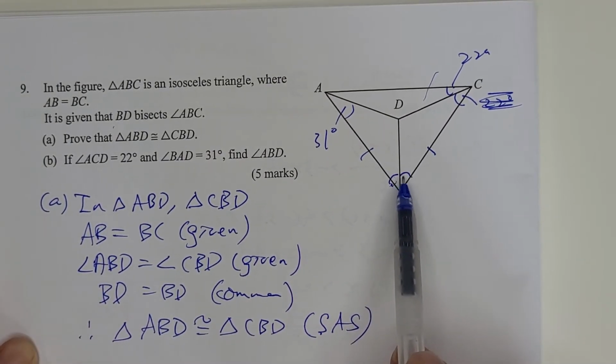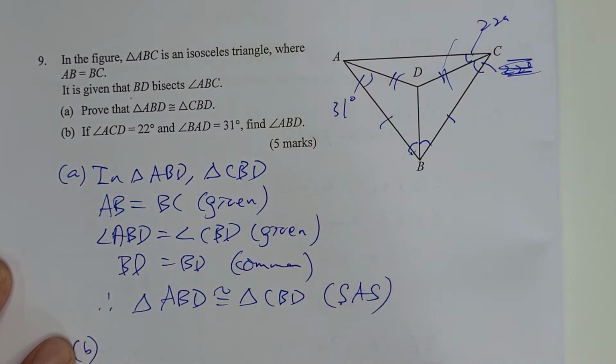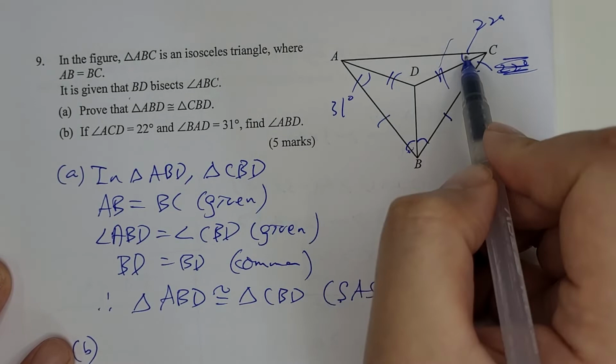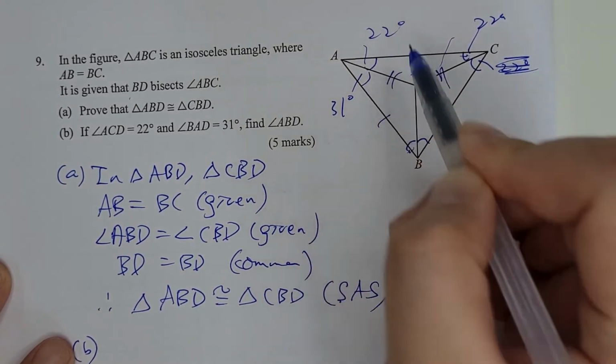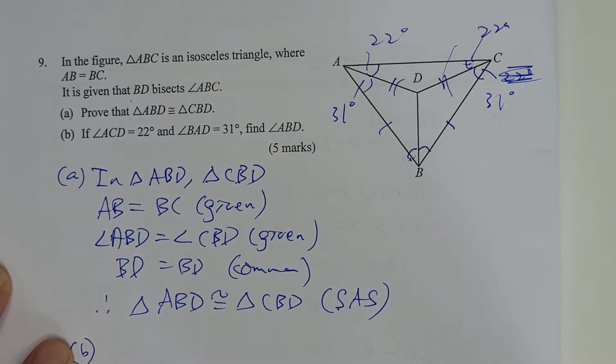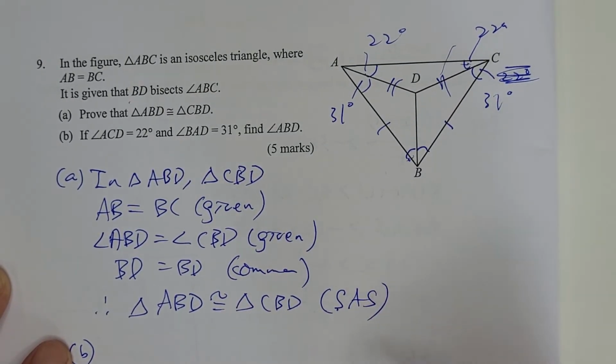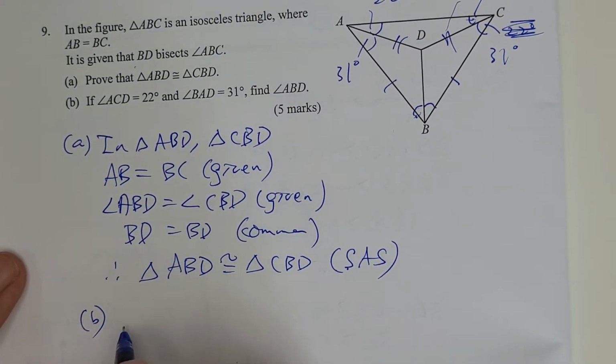Find angle ABD. So we know that these two lines will be equal, and hence these two angles will be equal. So 22 degrees, and next, that is 31 degrees. So finally, you can find this angle ABC, and then divide it by 2. So we write down AD equals CD.